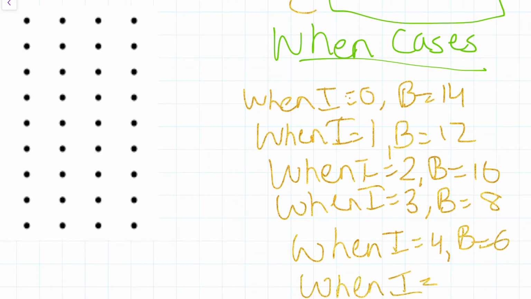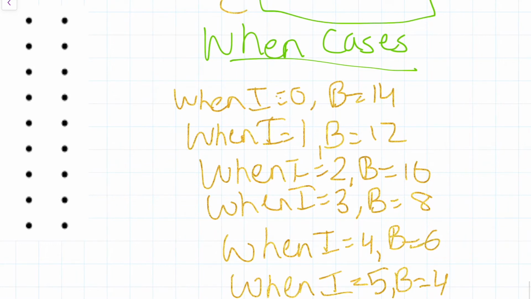When I equals 5, B equals 4. And then these are all the cases that we will have. And we have one last case that I almost forgot, which is when I equals 6, B equals 2. So we have these cases, so let's review all these.